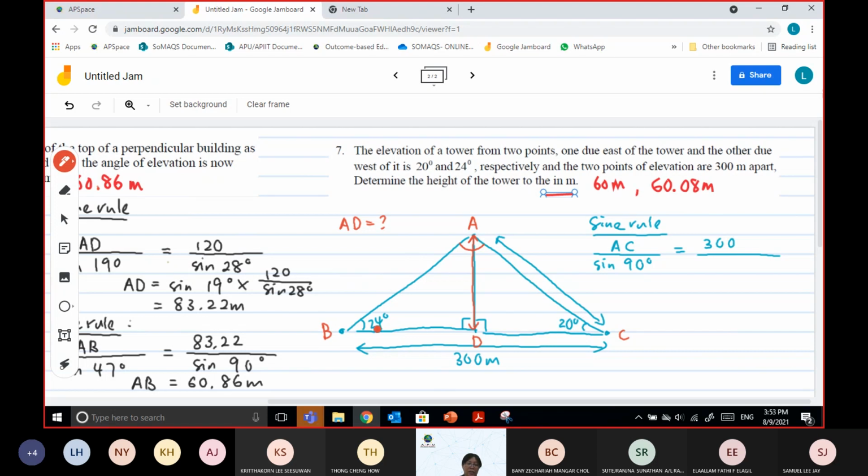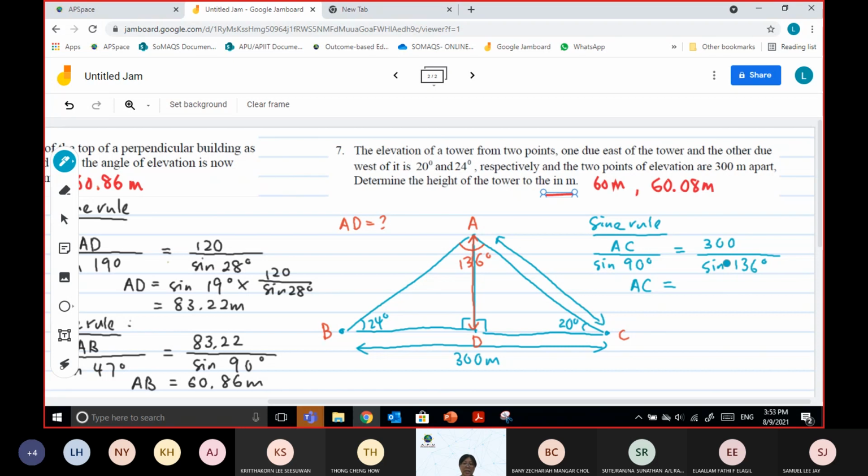Since angle B is 24 and angle C is 20, so 180 minus 24 and 20, I get 136 degrees here. So the corresponding angle is 136, so sine 136. From here, I can solve for AC.